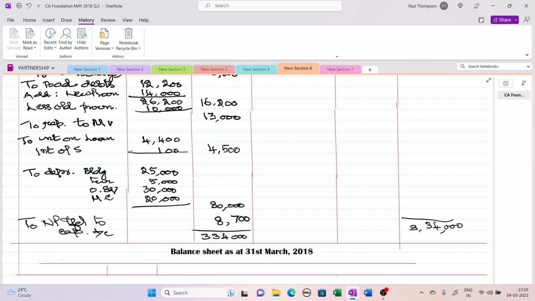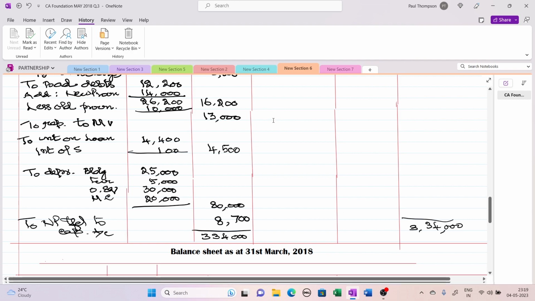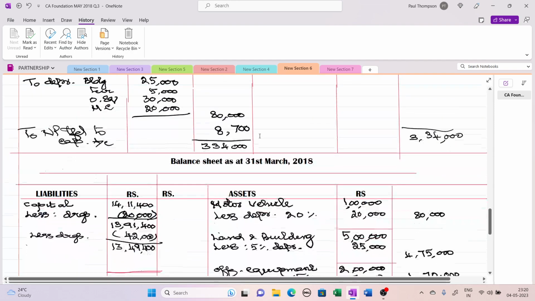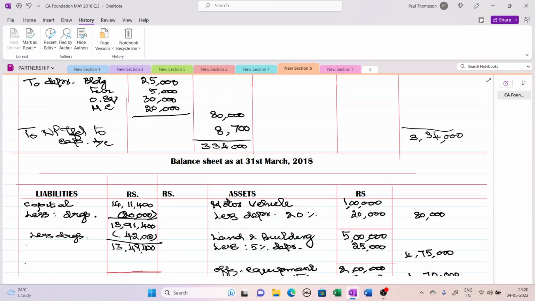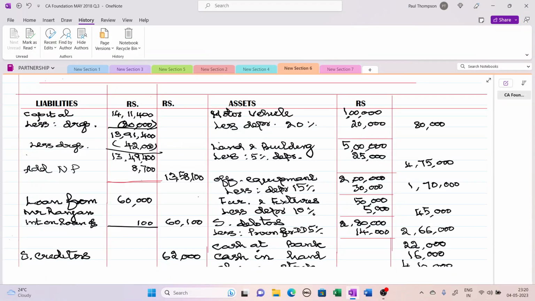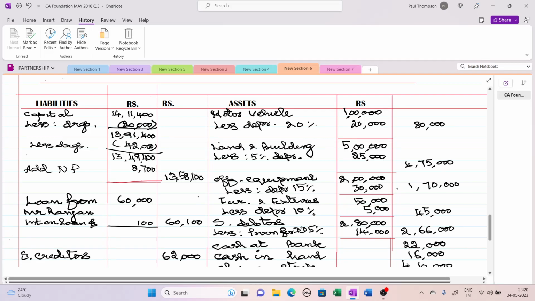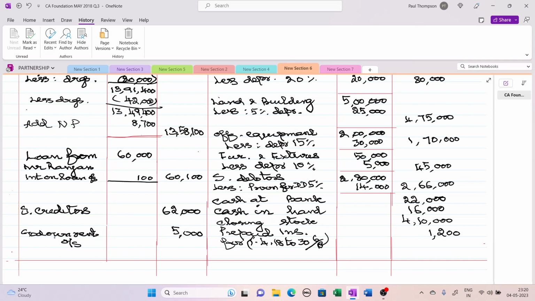There is some problem going on here. Okay, so now we are going to add the net profit 8,700. So the total appears as 13,58,100. So 62,000, and then there is an outstanding godown rent of 5,000.